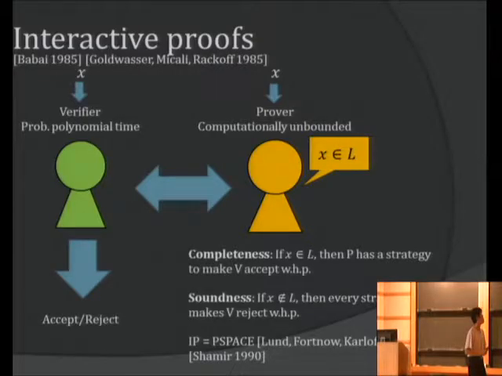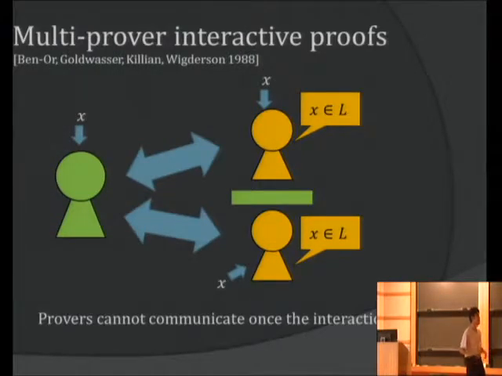Now, there was a variation of this model called multi-prover interactive proofs. In this setting, the verifier can interact with not only one prover, but more than one prover, who can't communicate with each other.